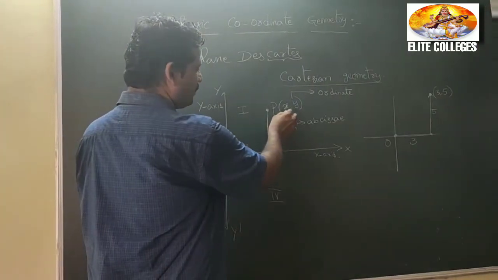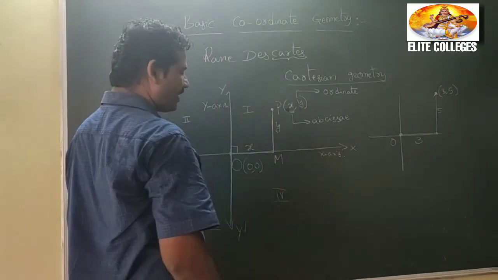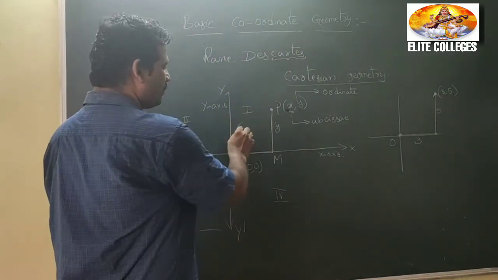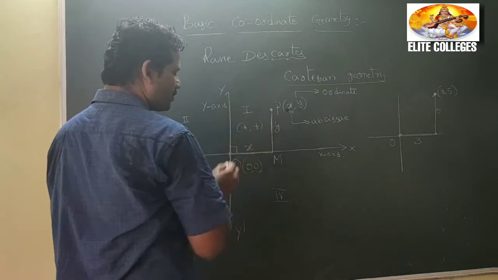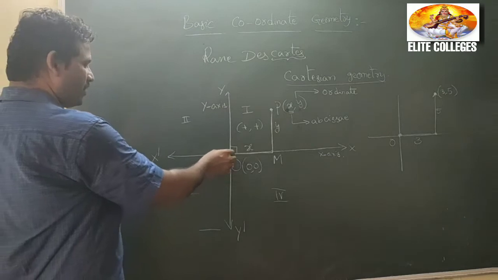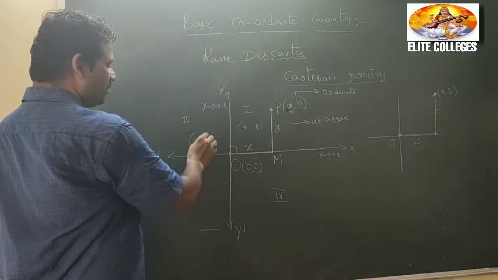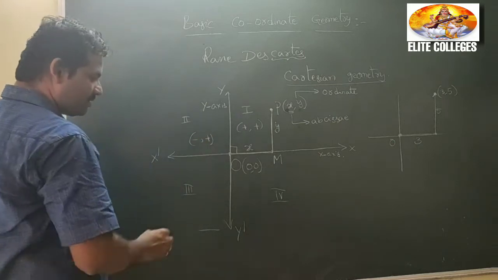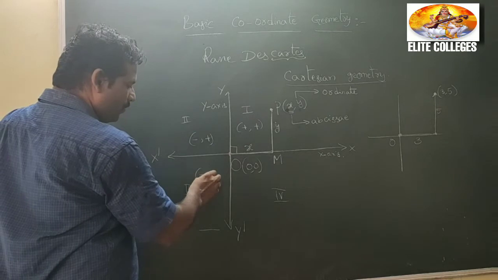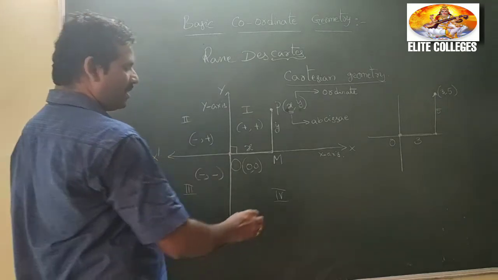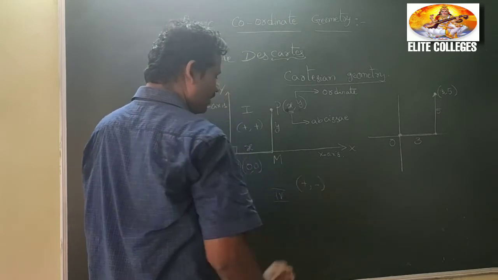Always, first we write the x coordinate. In the first quadrant, OX is positive and OY is positive. In the second, OX dash is negative and OY is positive. In the third, OX dash is negative and OY dash is negative. In the fourth, OX is positive and OY is negative.